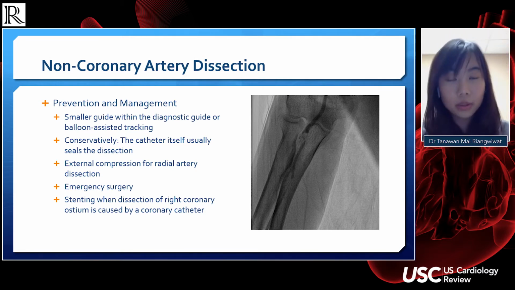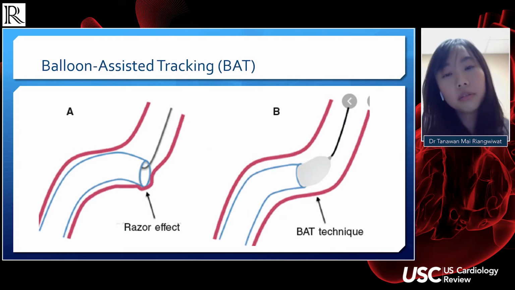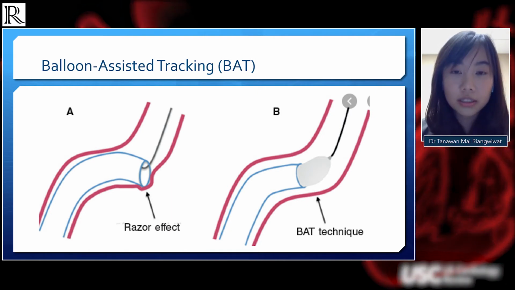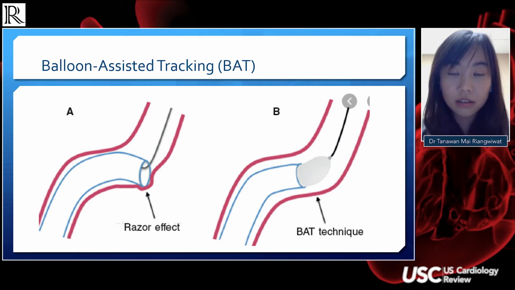The other technique that can be used to prevent dissections is balloon assisted tracking. What it is: if you look at picture A, the razor effect is the mismatch of the size of the wire and the inner diameter of the catheter that leaves a sharp edge on the tip of the catheter, and that sharp edge can cause an injury to the vasculature.